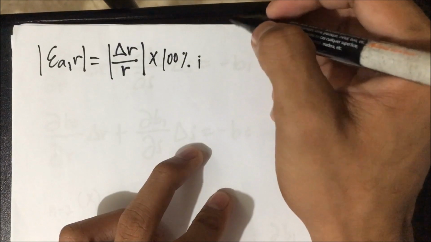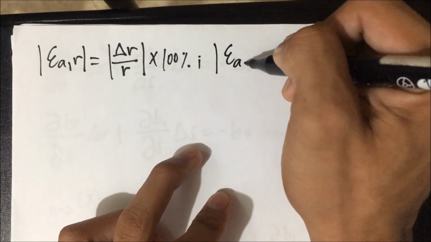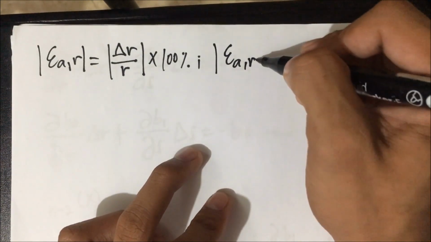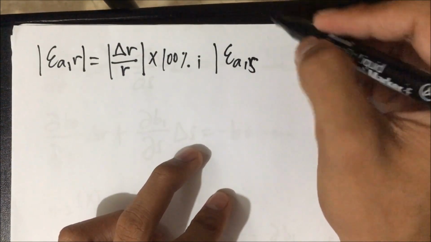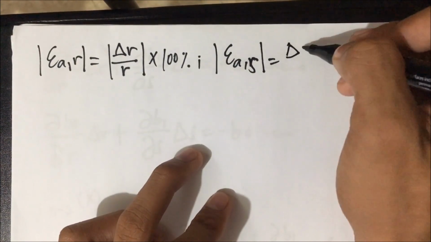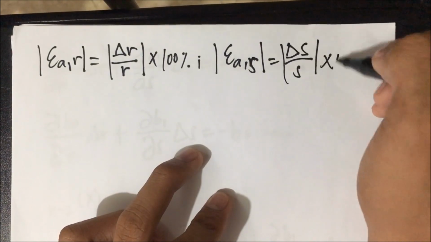And para naman sa S, E sub A S is equals to absolute value of delta S all over S times 100.